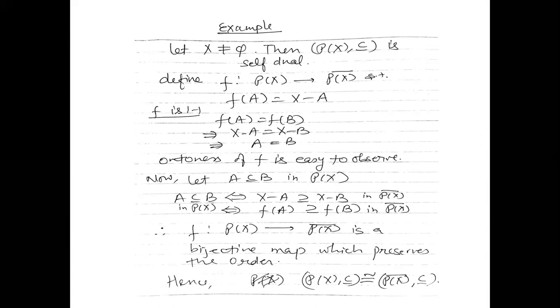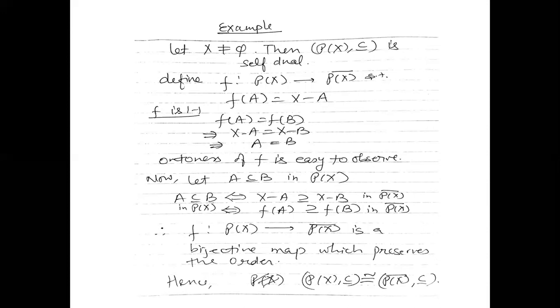So we have to prove that P(X) and P(X) bar are isomorphic. That means we have to consider a map from P(X) to P(X) bar, and then we have to prove that it is one-one, onto, and an order isomorphism also.